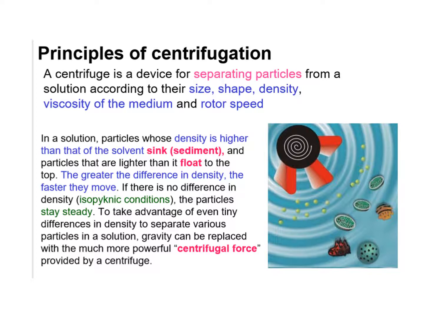And so it's saying that applying cells to a centrifugation will separate organelles, the nucleus, some of the other ER membranes, Golgi, mitochondria, and then any kind of free proteins. So it's a device, not a cheap device, for separating particles, organelles, proteins from a solution according to size, shape, density, the viscosity of the media, and how fast we spin it.